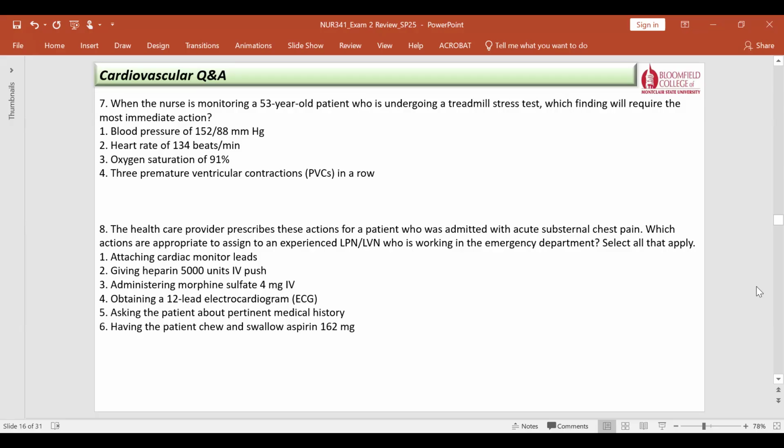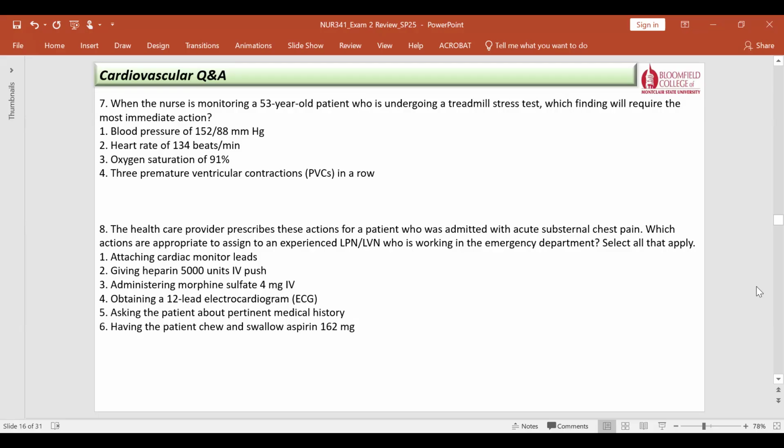Like if the patient is in stable condition, they can do that. But these are high alert medications that should be given by the RN to this unstable patient. So just because the patient is unstable, that should be given by the RN. So the medical history also requires an RN level education.